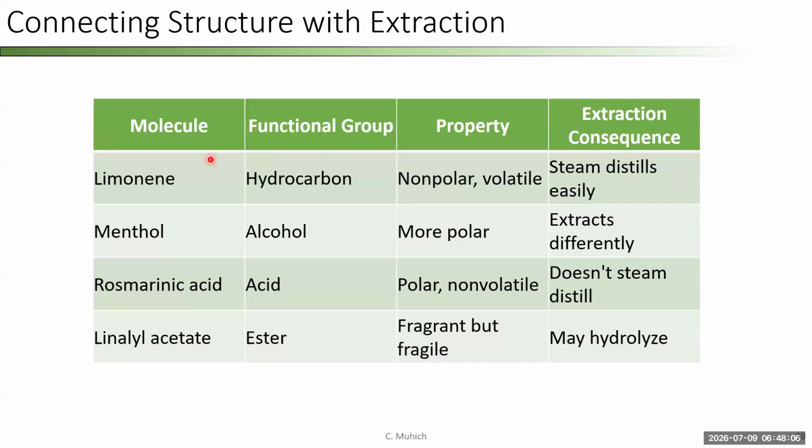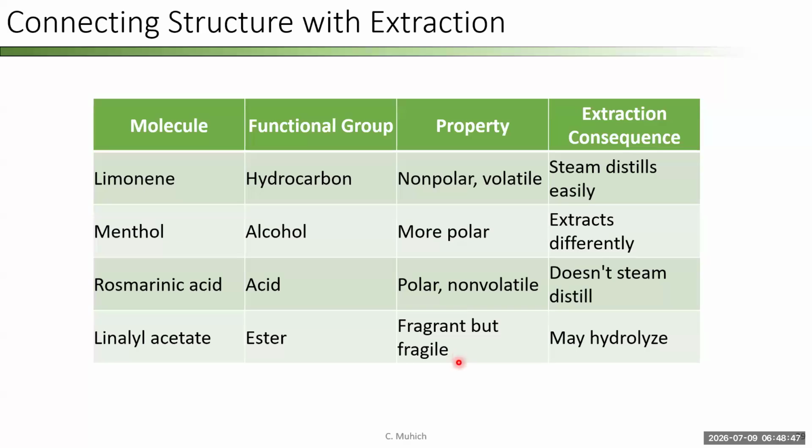Okay, so how can we connect this more concretely between structure and extraction technique? We can think of, again, limonene, menthol, rosmarinic acid, and linalyl acetate as examples of hydrocarbons, alcohols, acids, and esters. As we go from the top to the bottom, we're moving from non-polar, highly volatile sets to more polar, eventually polar non-volatile, and then volatile but fragile.